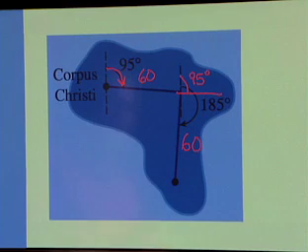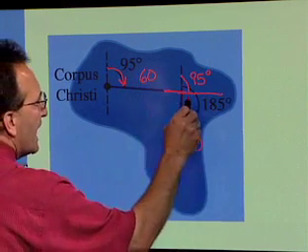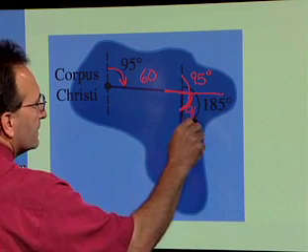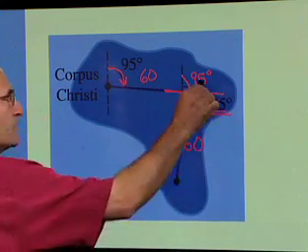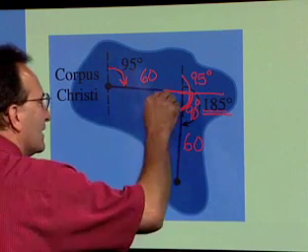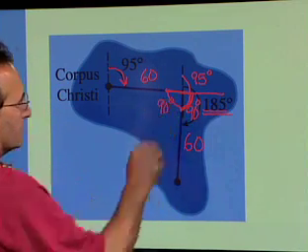Okay, how does that help us? Well, it helps us because we can now measure this angle here and figure out that it's 90 because they must add up to 185 degrees. What that means is the angle inside here is also 90 degrees.